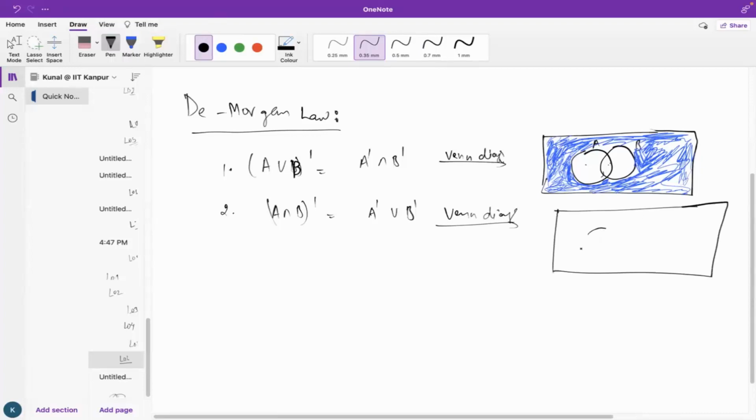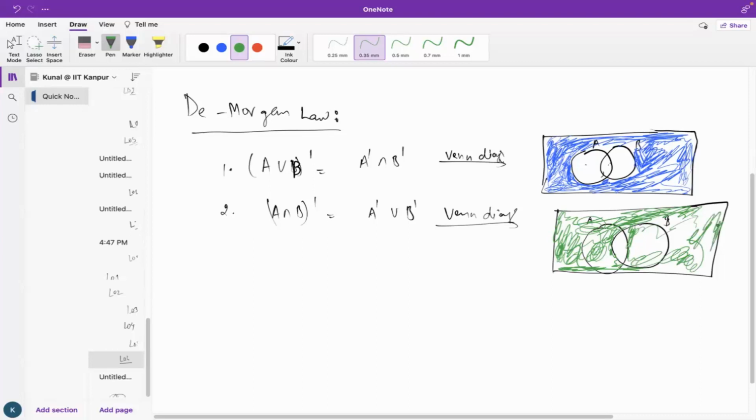Let us suppose that this is our event A and this is our event B. The second one is showing the whole event except the A intersection B. Only the A intersection B part is left out, and the whole region except A intersection B will be treated as this part. So this is the region which we are talking about. I think that will be fine for you.